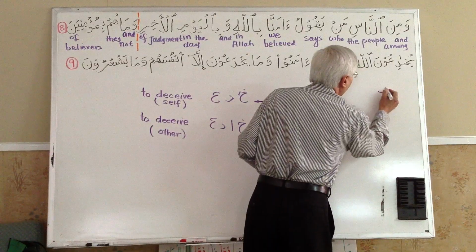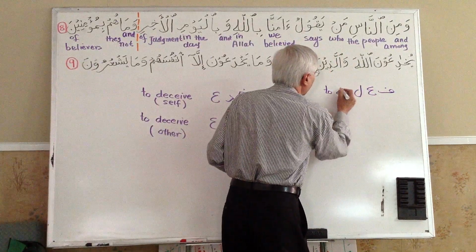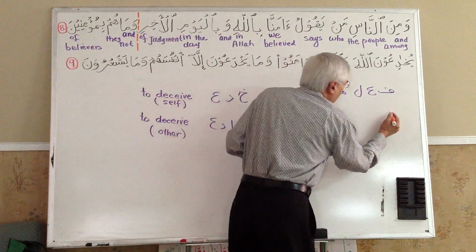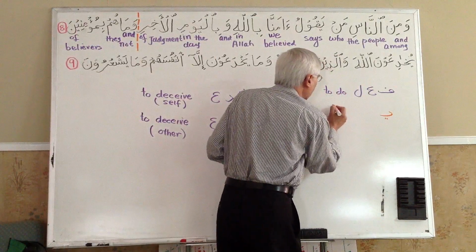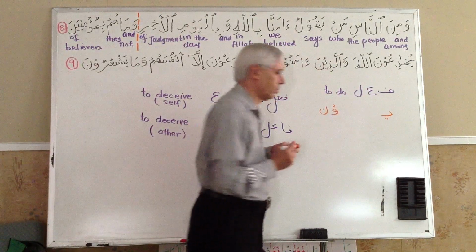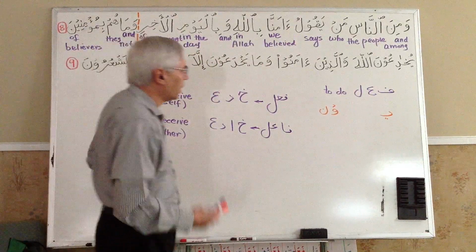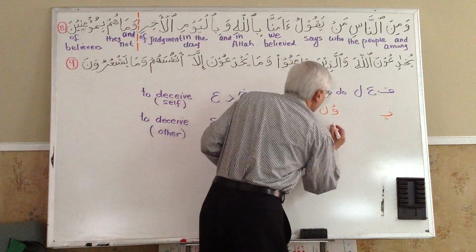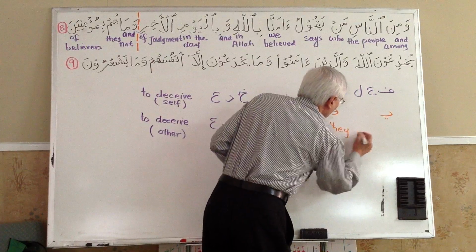If we have these three letters, fa, ain and lam, which means to do. Okay. And if we put a ya in the beginning and wuna at the end, ya in the beginning and wuna at the end, so this becomes the grammar of they do.